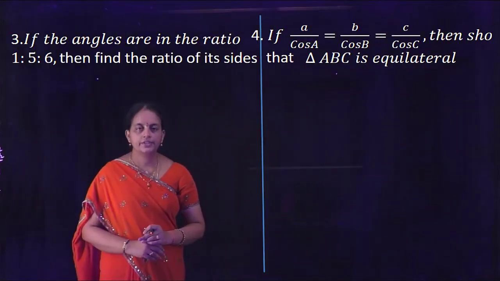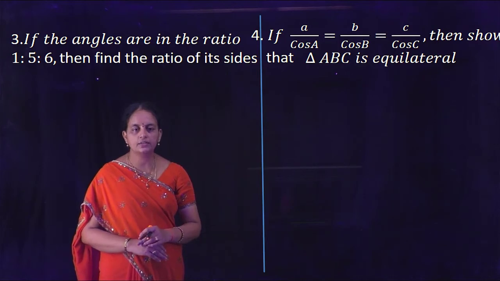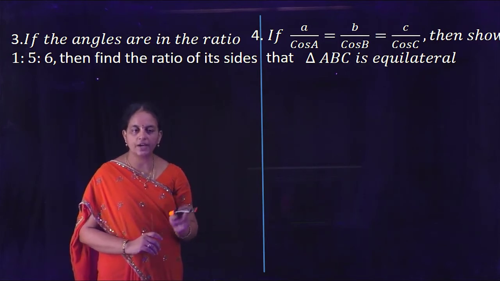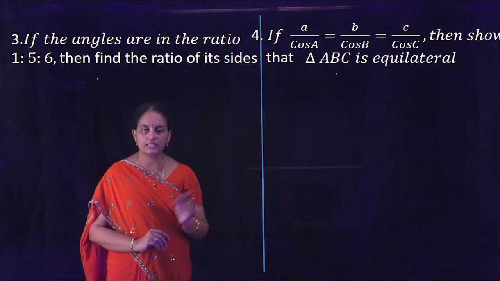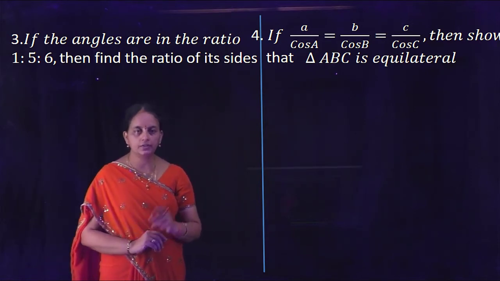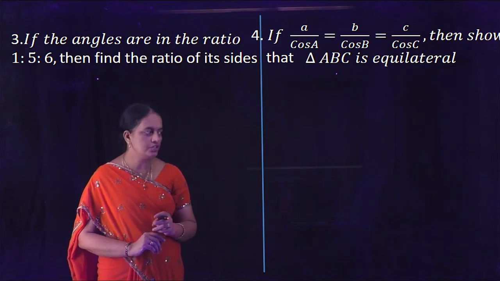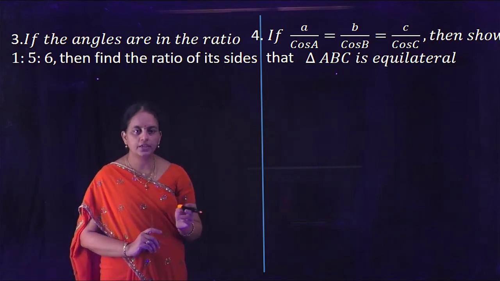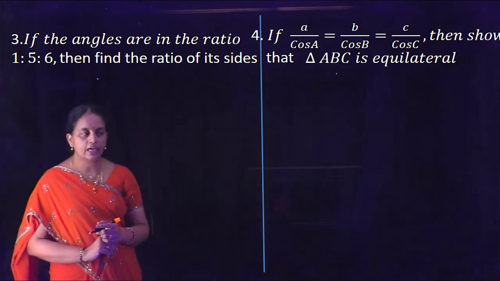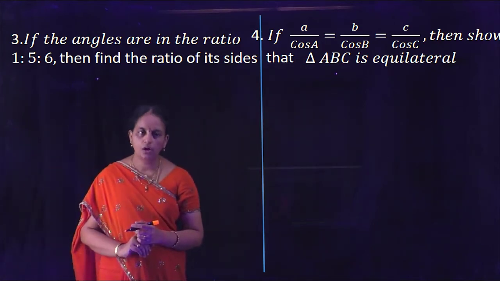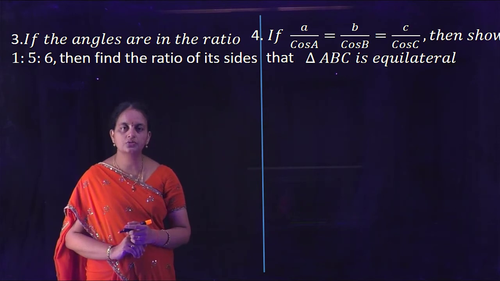Okay. Next question is, if the angles are in the ratio 1:5:6, then find the ratio of its sides. Here we are given that the angles are in the ratio 1:5:6.